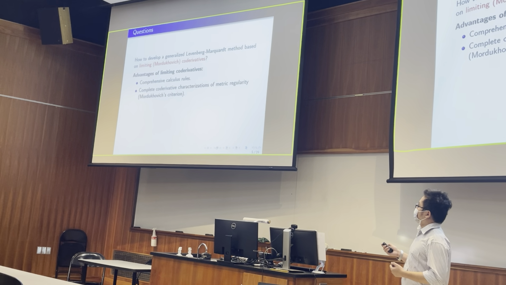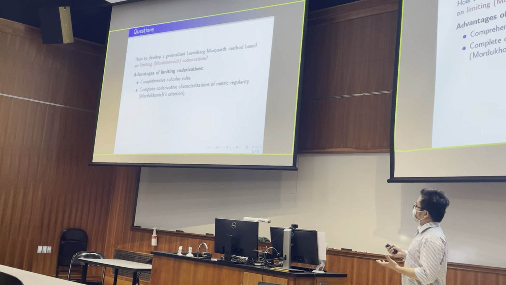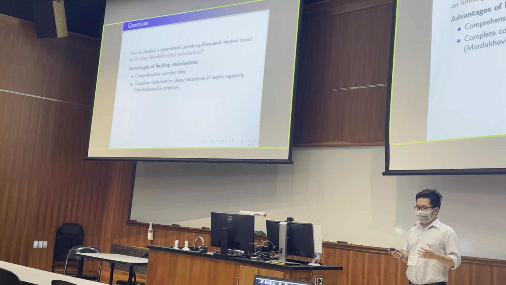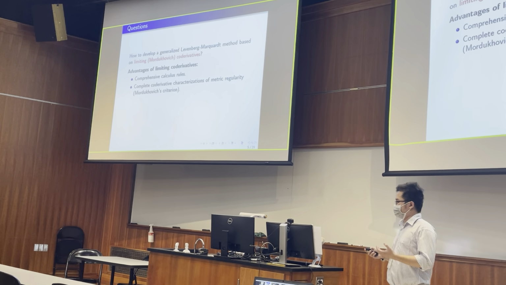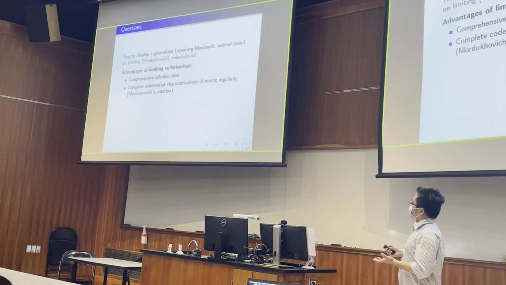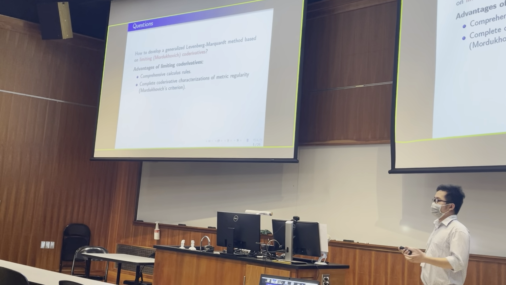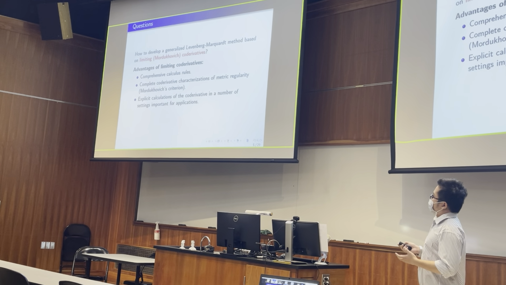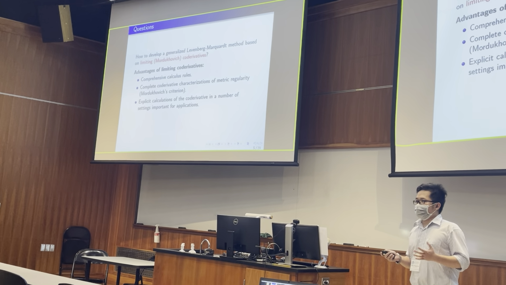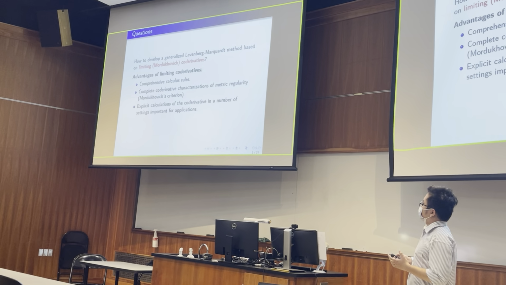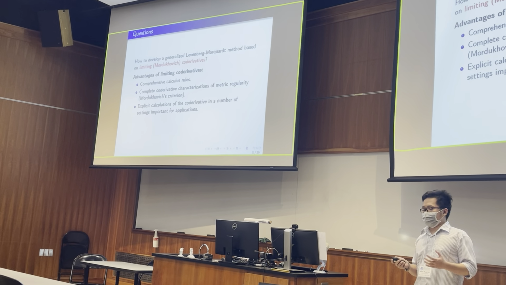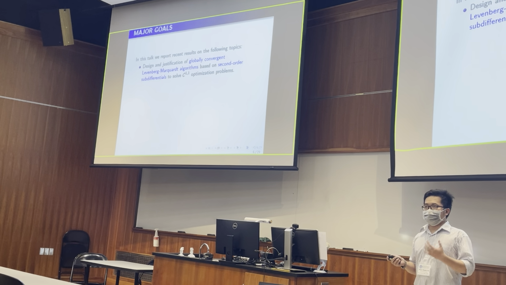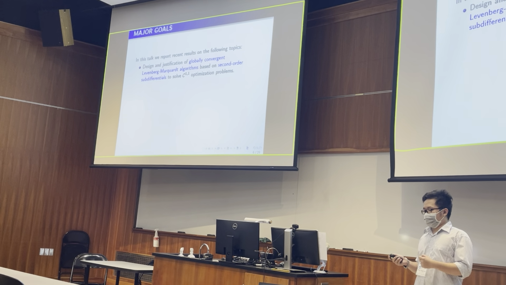The second is that it has a complete characterization of metric regularity, which plays a crucial role in variational analysis and optimization. We know this characterization is the Mordukhovich criterion, which is very useful for characterizing metric regularity. The third reason is that the limiting coderivative has implicit calculations for a number of important structures. That is the reason we choose the limiting coderivative to establish our algorithm.